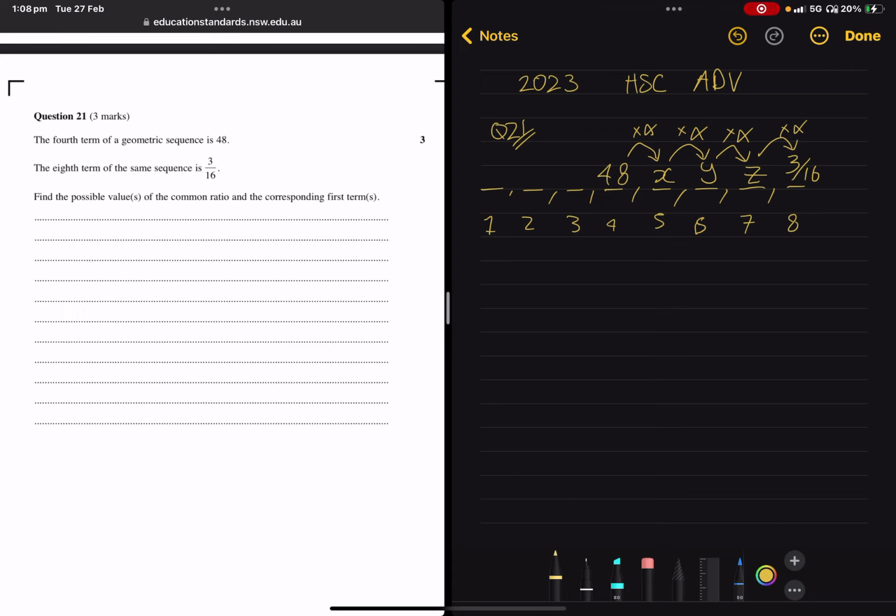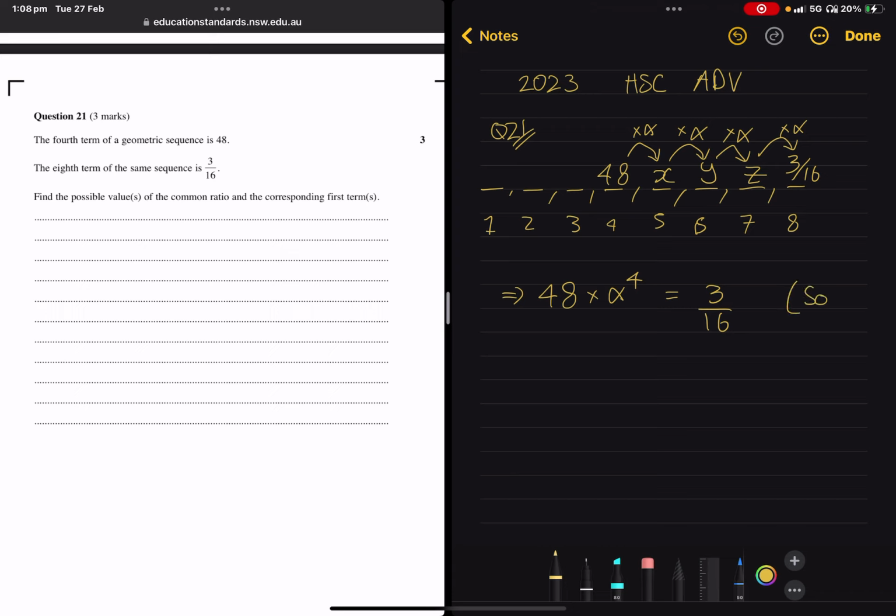So what we really have is 48 times alpha times alpha times alpha times alpha is 3 on 16. So this tells us 48 times alpha to the power of 4, one multiplication 4 times, is equal to 3 on 16.